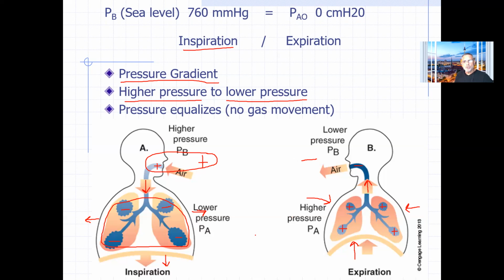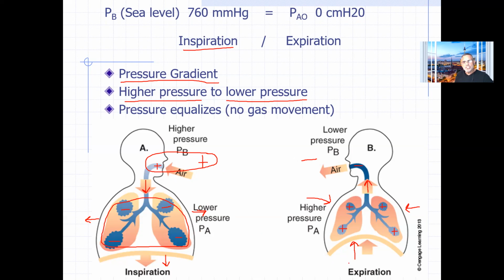Note that on inspiration, we see the pressure gradient more positive outside than inside the lung because the diaphragm and the intercostals contract, they make the chest bigger, they make the alveoli and the lungs more negative in pressure compared to outside, which is more positive, and gas moves inward.